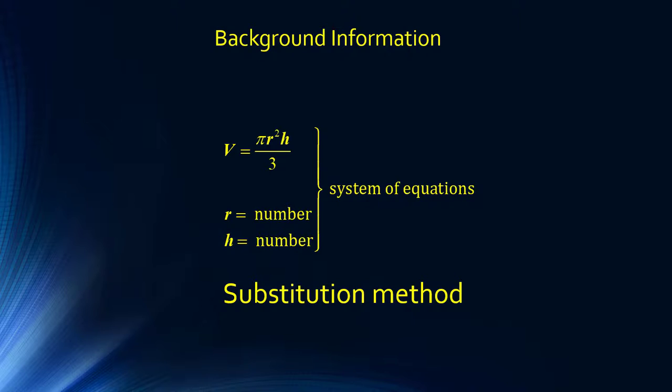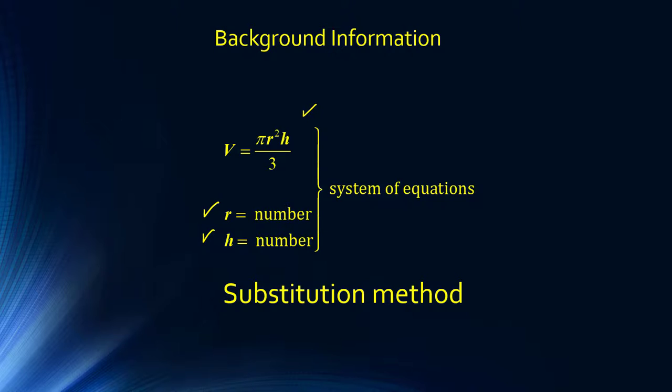Continuing on with the background information, to solve for the volume, we'll start with the formula. A formula is an equation that just has letters and symbols in it. We'll be given a value for r. We'll be given a value for the height.